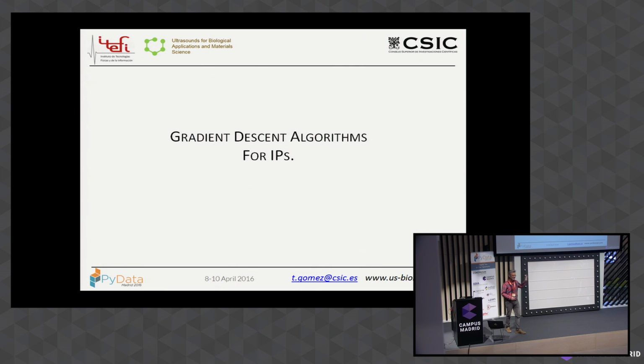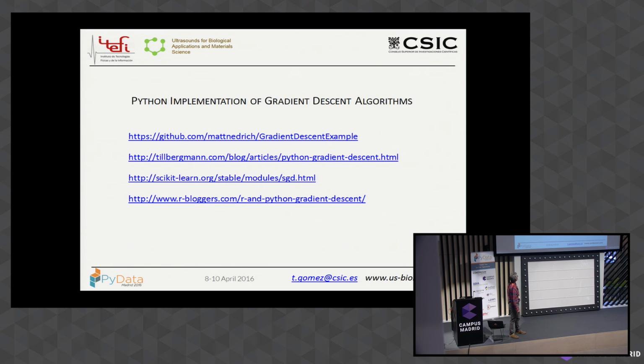So it's very easy to understand how the code works, how to implement it, and to have a first feeling of what an inverse problem is and how you can solve it. There are also some implementations of gradient descent algorithms for Python. And gradient descent is used quite a lot in machine learning as well. So if you are familiar with machine learning, probably you are also familiar with this method.